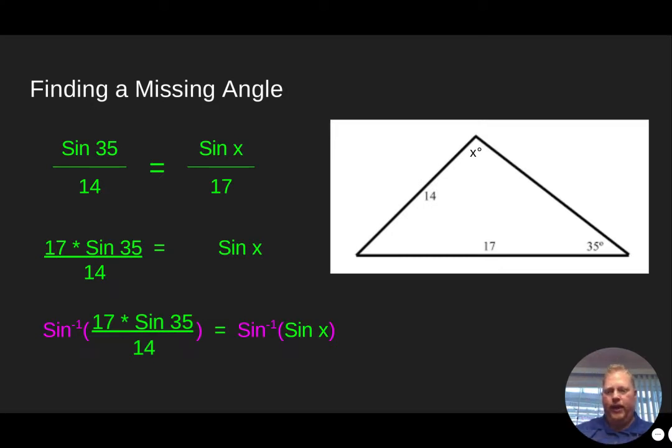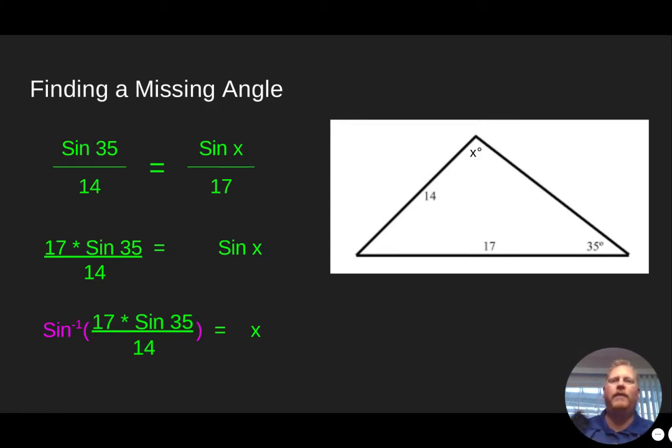So I do that, and of course the only reason that inverse sine exists is to undo sine. So on the right-hand side of the equation, the sine and the inverse sine will cancel each other out, and I get the inverse sine of 17 times the sine of 35 over 14 equals x. Now again, if you're trying to use your cell phone calculator, that's going to be nearly impossible to put in unless you're really, really good with math.